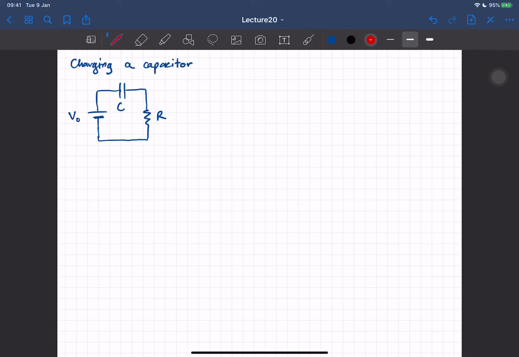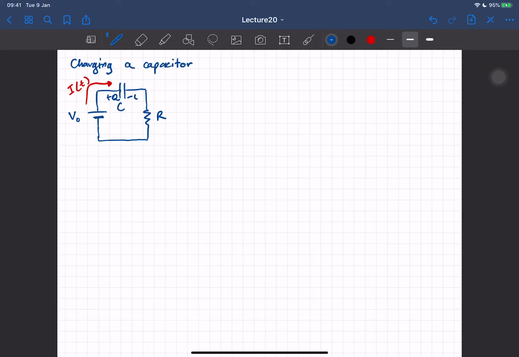All right, so things will be a little bit different here because of the presence of the battery. We're going to again write the current to flow this way. That's going to be our I, also as a function of time. The flow of the current this way will increase the charge on the left hand side of the capacitor, so I'm going to write plus Q here.